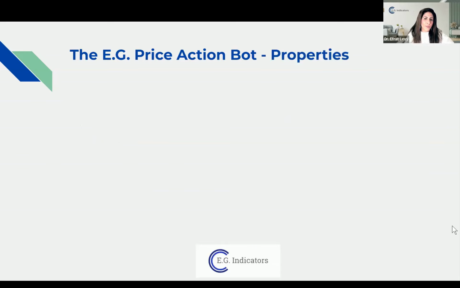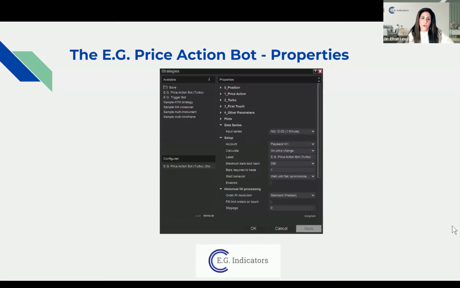Main properties of the price action bot. On NinjaTrader, if you go to the properties, you can see the following: position, price action, turbo, first touch, and other parameters.